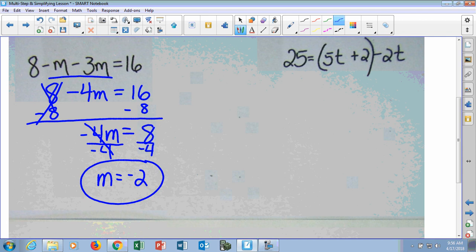Well, let me tell you. Since they put the minus 2 on the outside, this is really not a distributive property. So basically what you can do is combine these like terms right off the bat. 5t minus 2t, which is 3t.